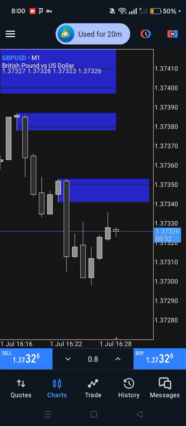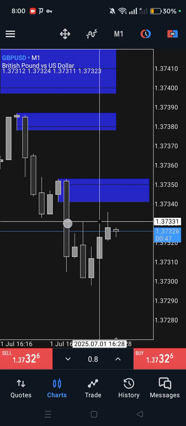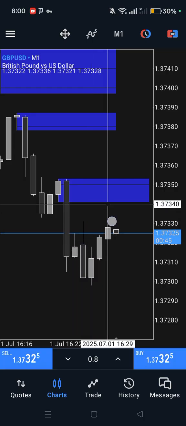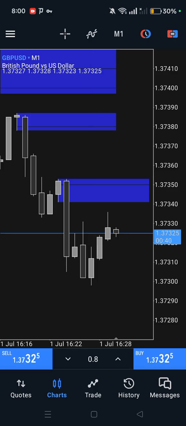Order flow is saying it's bearish. I mean, order flow leg, one candle rejection, two candle rejection. Actually, no, context has already been reached, so nope. It's more likely to go up now.